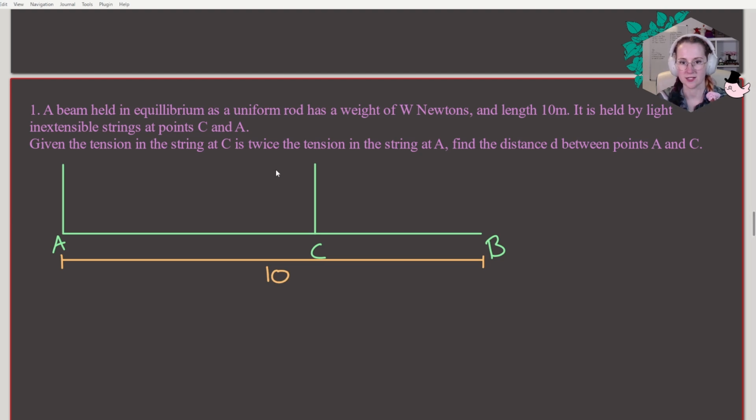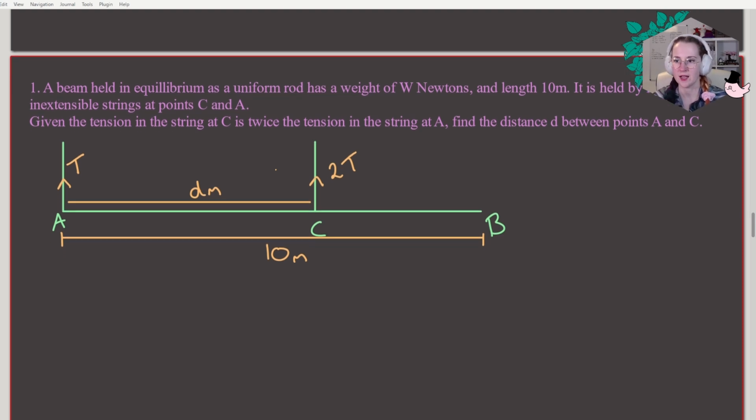And we're asked to find this distance, so that is our D. So this is the information that we're given. We're also given the tensions, so let's draw some forces in. We have the tension here, twice the tension here. This tension is labeled T. This is going to be 2T.